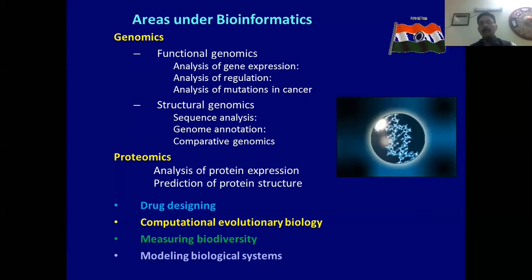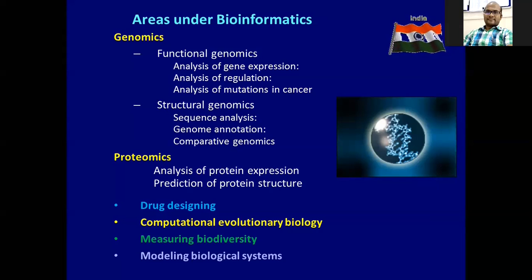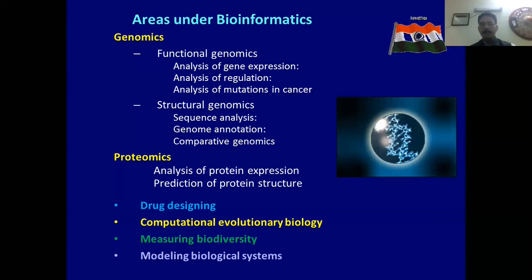So in today's bioinformatics context, we have certain most important areas wherein bioinformatics is involved more prominently in biological sciences. They are genomics, proteomics, drug designing, computational evolutionary biology, measuring biodiversity, and modeling of biological systems.